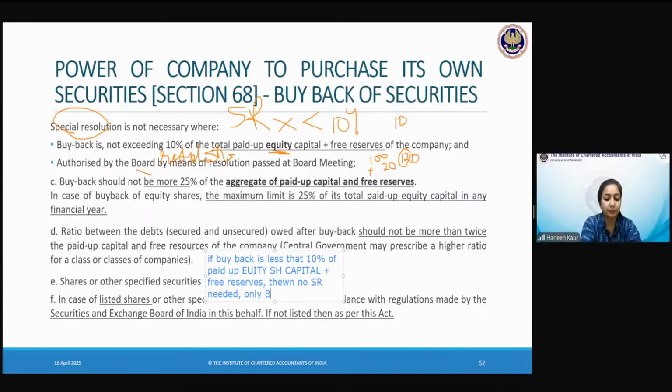Only board resolution is required. Clear to everyone?